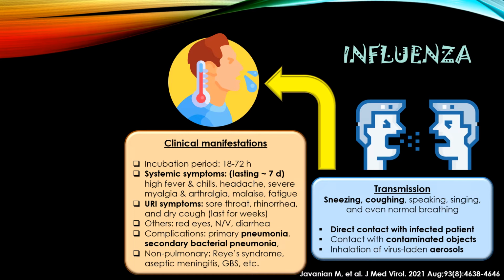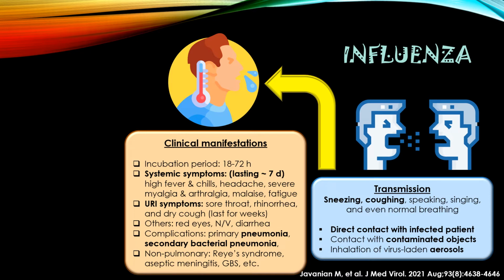And unlike COVID, all cases of influenza have symptoms, whereas some COVID patients may be asymptomatic, right? They may have systemic symptoms: high fever, chills, headache, severe myalgia, arthralgia, fatigue. URI symptoms may be a little bit: sore throat, rhinorrhea, and dry cough, which may last for weeks. Others include red eyes and diarrhea.